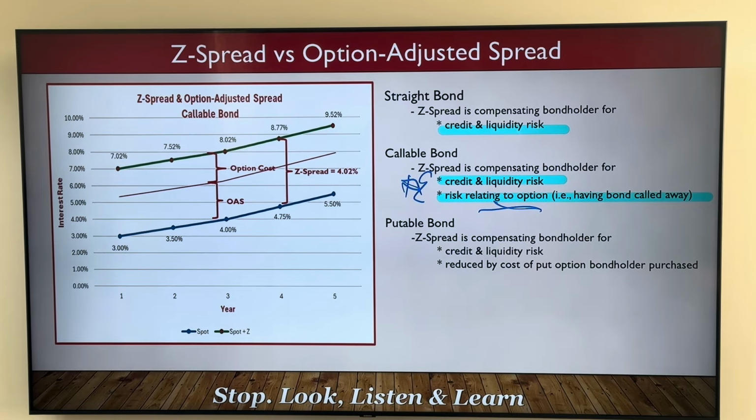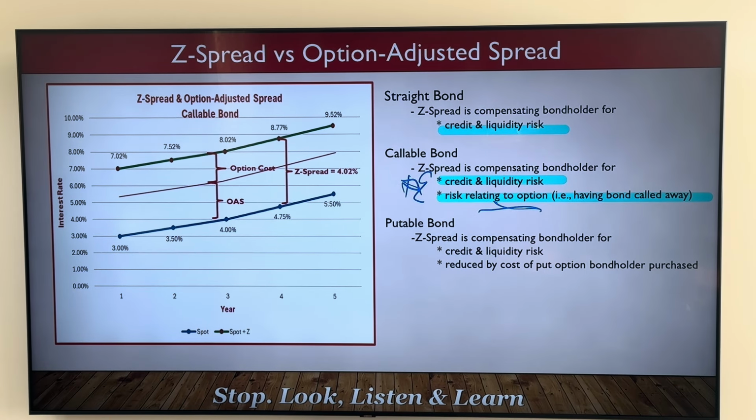And the issuer will say, okay, well, if the rates increase and you force me to buy back your bond, that means we're going to have to come up with the funds to purchase that bond from you in a higher interest rate environment, so our cost is going to go up.